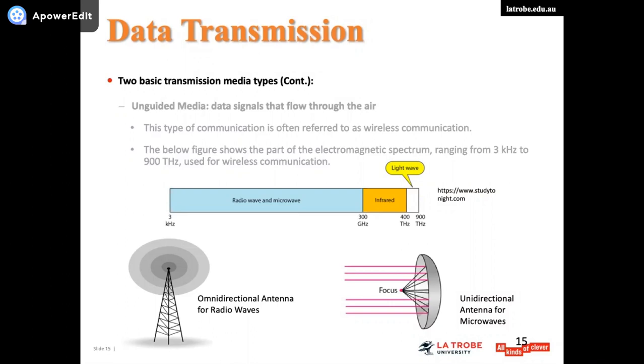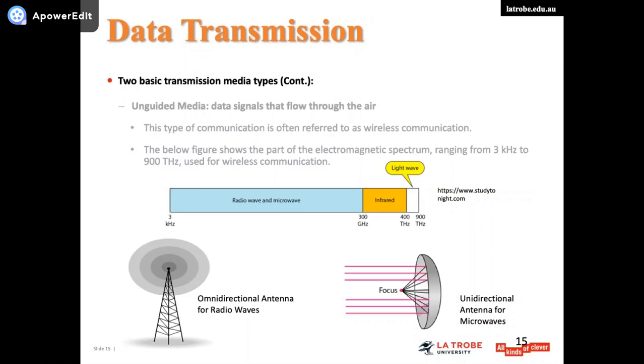When the frequency goes higher, we have our normal cell phone system, up to 900 gigahertz. When the signal goes even higher, 2.4 gigahertz, it is our Wi-Fi frequency band.